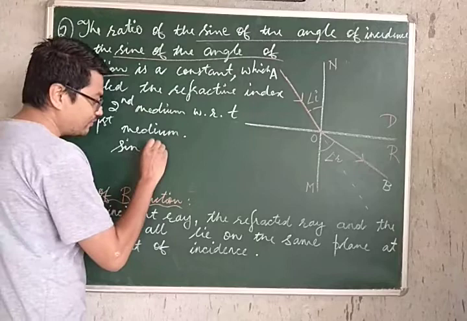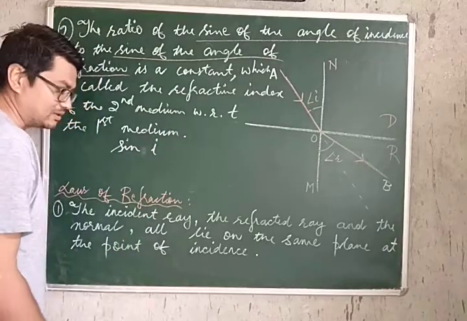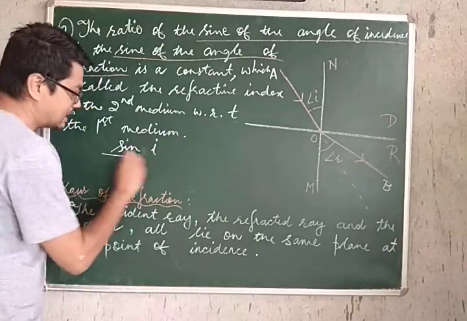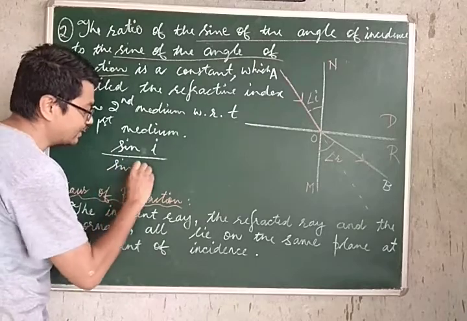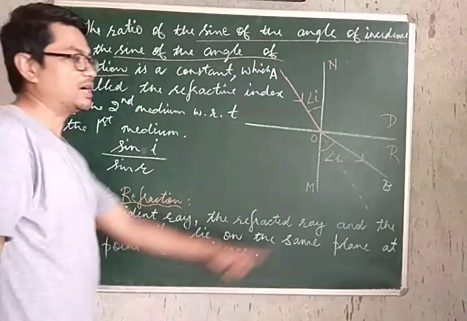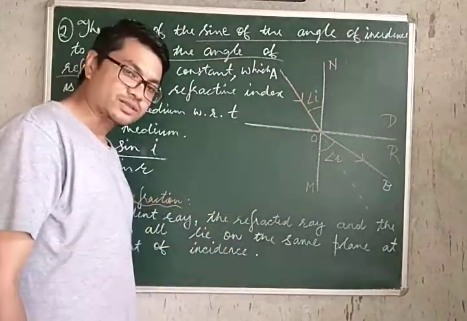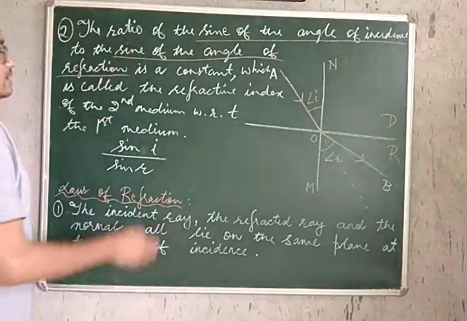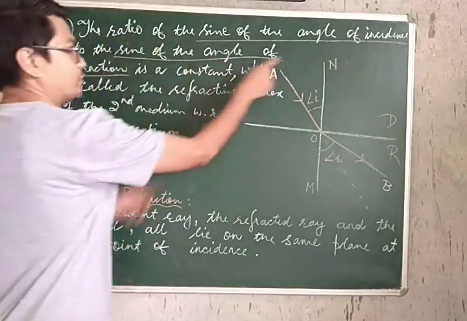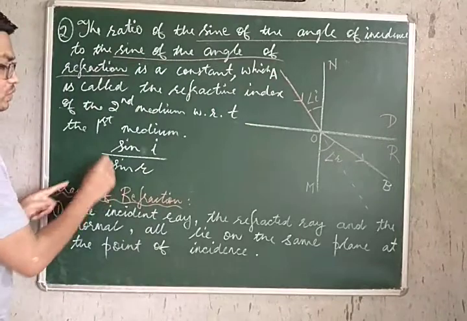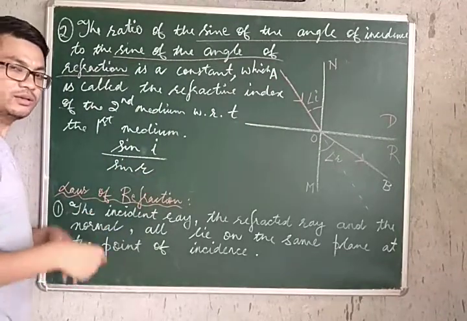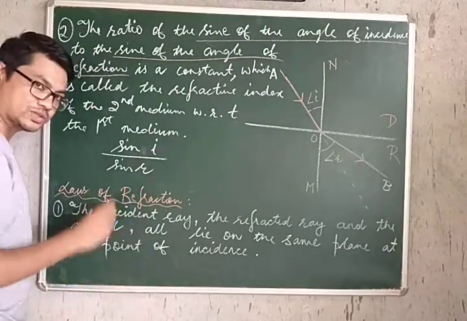So sine of angle of incidence, or you can write angle I, divided by sine of angle of refraction. R is the angle of refraction, I is the angle of incidence. So it says ratio of this and this. So ratio means a fraction, division, so to say.